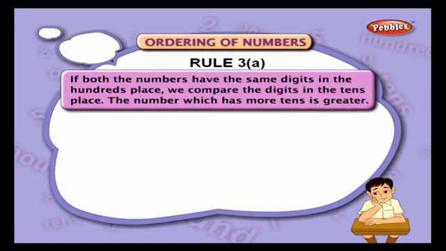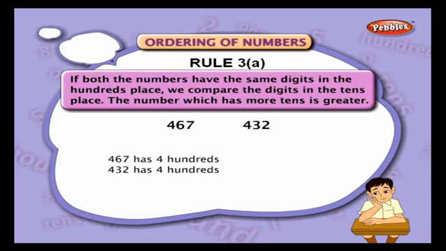Rule 3a. If both the numbers have the same digits in the hundreds place, we compare the digits in the tens place. The number which has more tens is greater. For example, let us take two numbers 467 and 432. Here, both 467 and 432 have the same number 4 in the hundreds position.